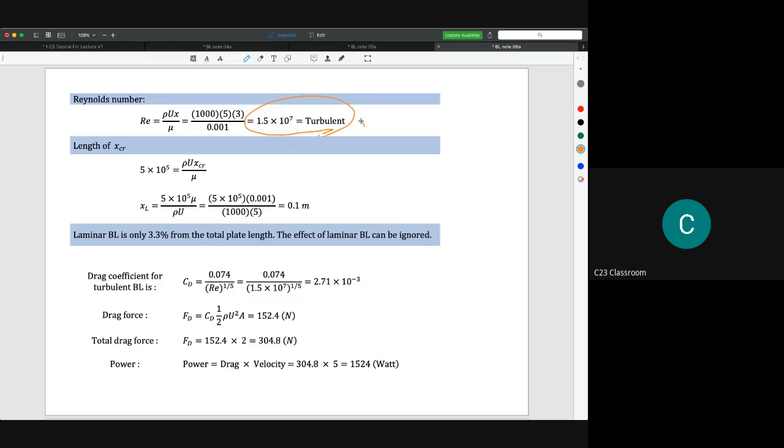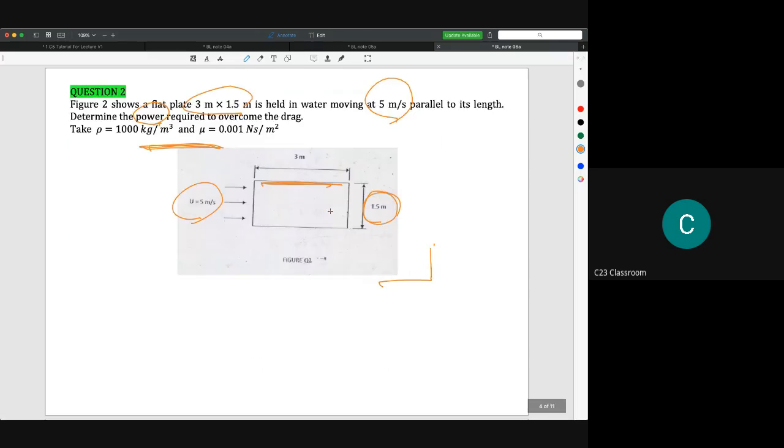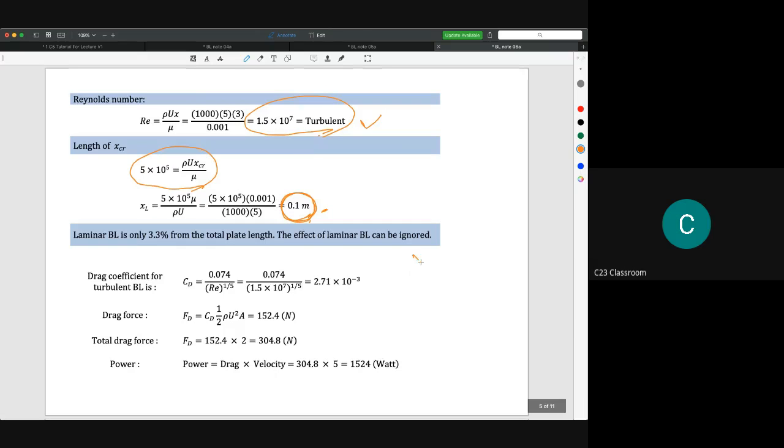So it is turbulent. Then again we check the critical Reynolds number, or Reynolds transition. We found that the value of x is 0.1 meter, the laminar boundary layer. So 0.1 compared to 3 meters is quite small, so we ignore the laminar boundary layer.